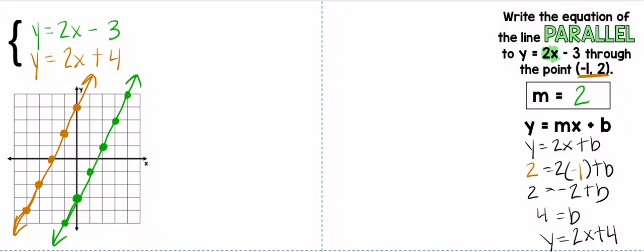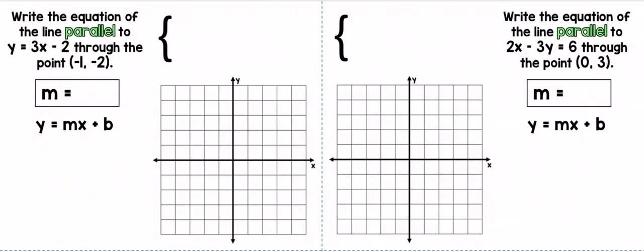They never touch. Okay, so now let's open up our foldable, and we're just going to do these next two equations. So write the equation of the line parallel to y equals 3x minus 2 that goes through the point negative 1, negative 2. Okay, so my first equation is y equals 3x minus 2. Now I need to find the next equation.